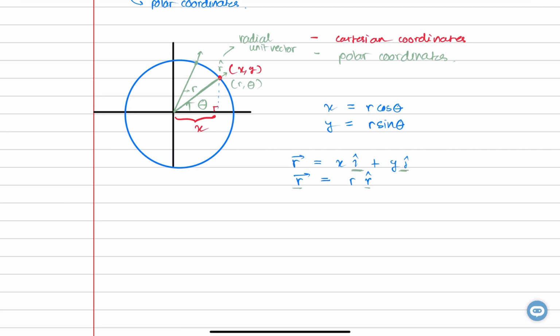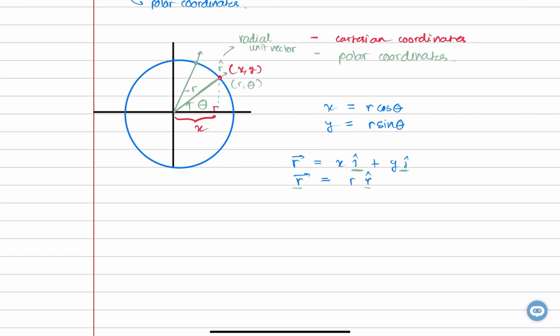So polar coordinates may seem like just Cartesian coordinates in disguise, but that's not entirely the case. The nature of the way we are dealing with vectors here is entirely different. Even though polar coordinates allow us to approach the problem in a different way, fundamentally they do not represent a new coordinate system in the same sense that Cartesian coordinates do.